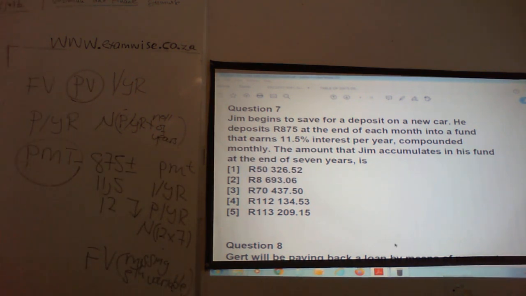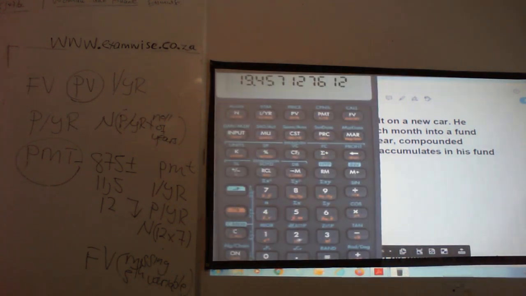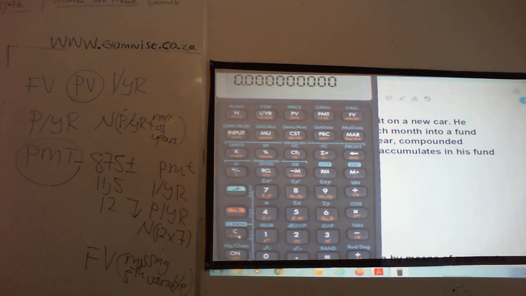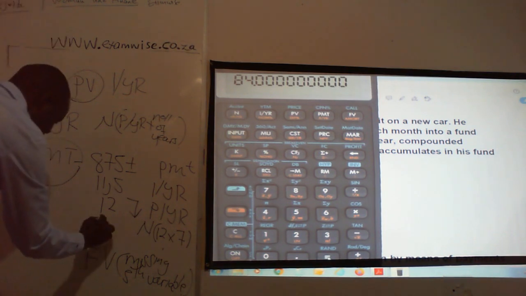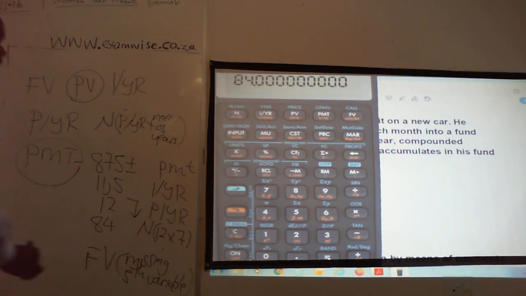Let us go to our calculator, clear our memory, and calculate 12 times 7, which equals 84. So our N here is 84. We now have 1, 2, 3, 4 variables, so we can now calculate our missing one.